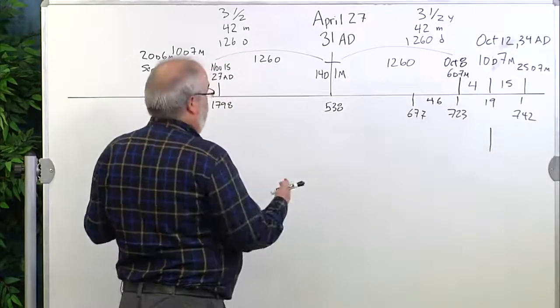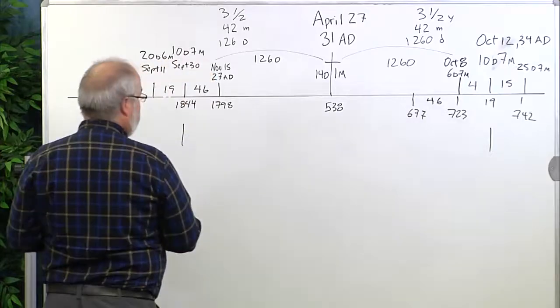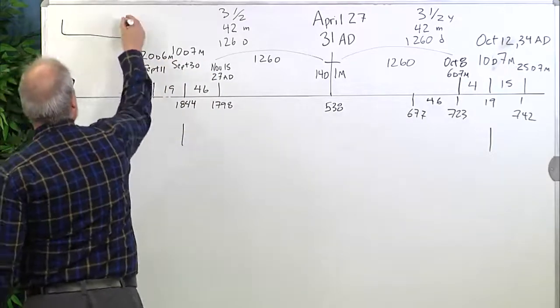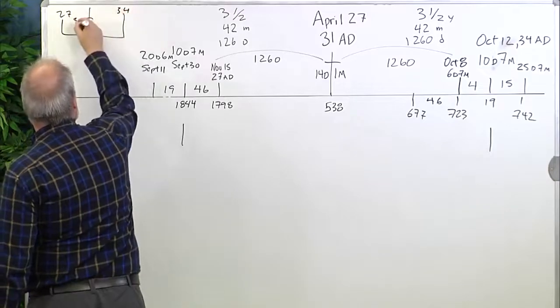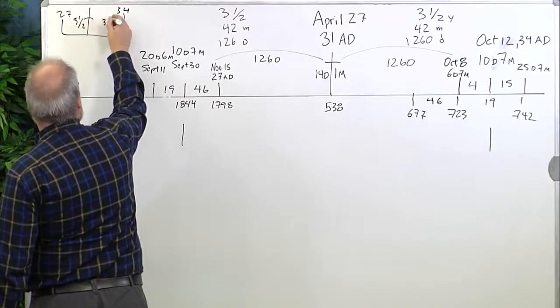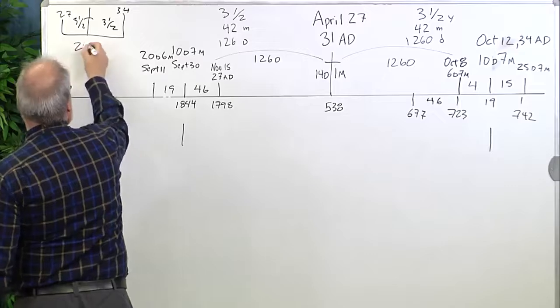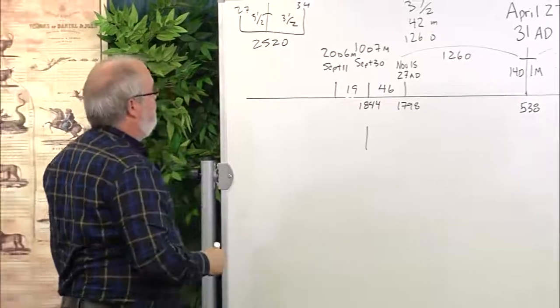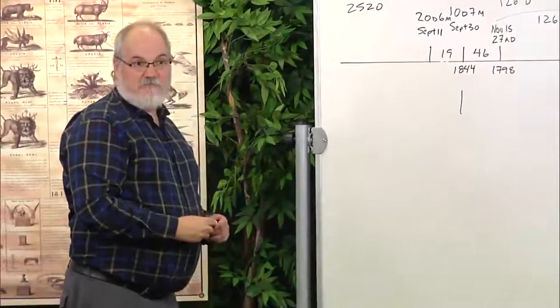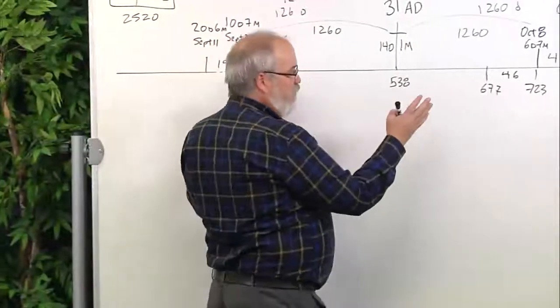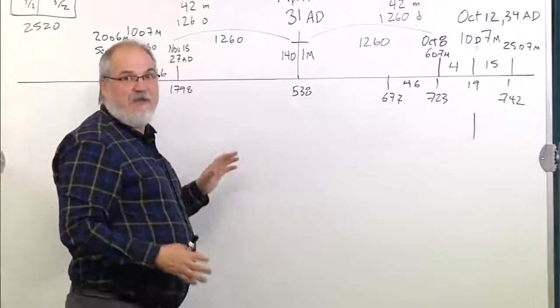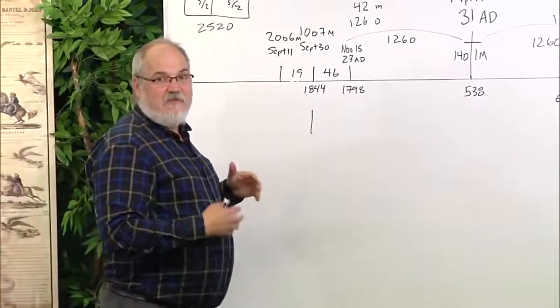And so we say on the 1863 chart, with the 27 and the 34 with the 3.5 on each side, this is really 2520. Right? But we're saying now that Christ's week in the literal calendar, in actuality, is different.